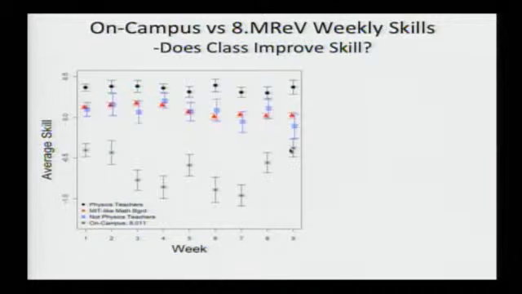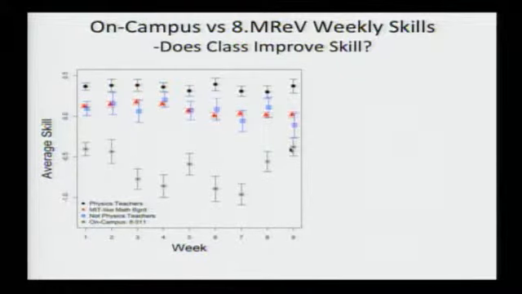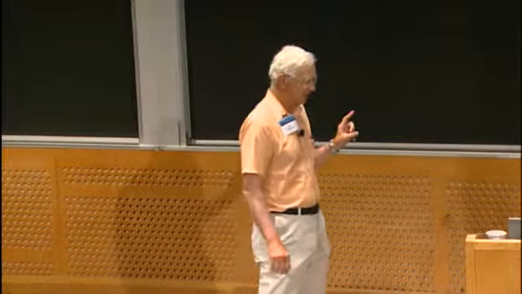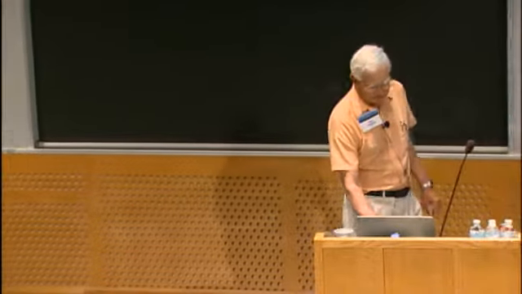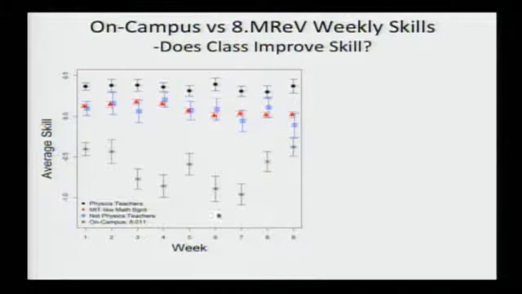And I'd like to believe these are actually students at MIT who had failed the course in the fall and were taking it again in the spring. So they may have had a little bit extra skill here, so that may make this a little high. And of course, we may say it's going up at the end. But basically, we don't see a big effect from our interactive class, at least relative to the MOOC students.